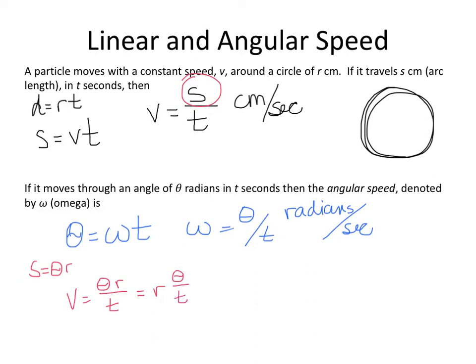And we learned through our formula for angular velocity that theta over t is the angular velocity, so we can actually replace that in the equation as r omega. And what we can discover is that our linear velocity is equal to the radius of the circle times the angular velocity.